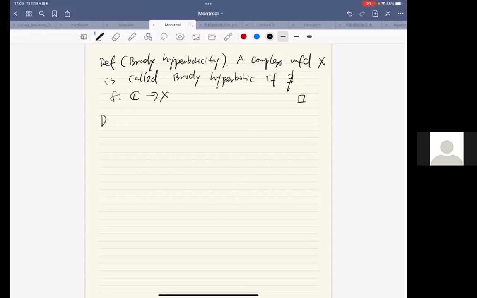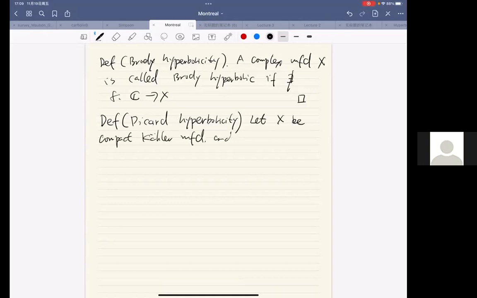So let me give the following definition, which I call Picard hyperbolicity, which is seen as a generalization of the big Picard theorem. Now let X be a compact Kähler manifold, and let U be a Zariski open set.